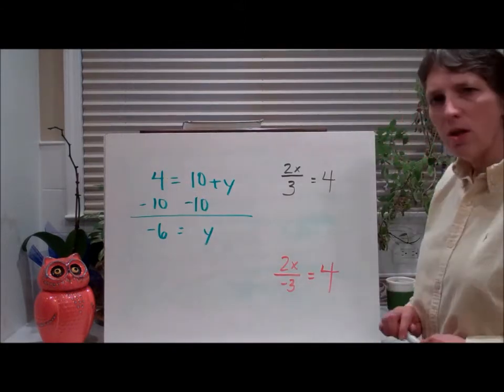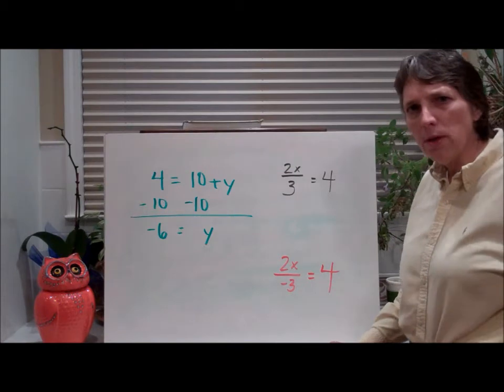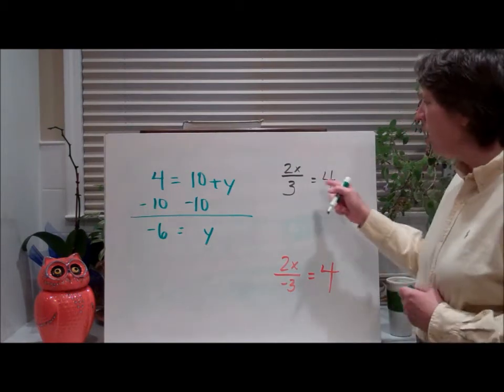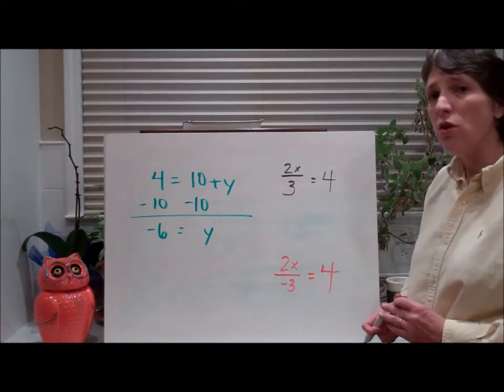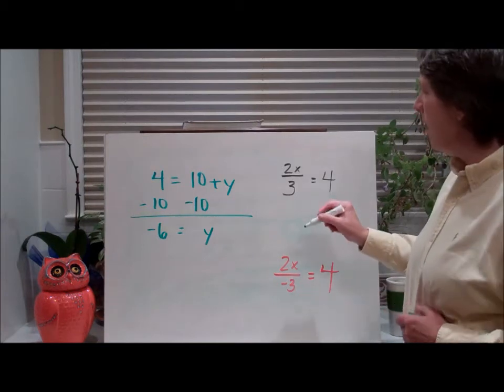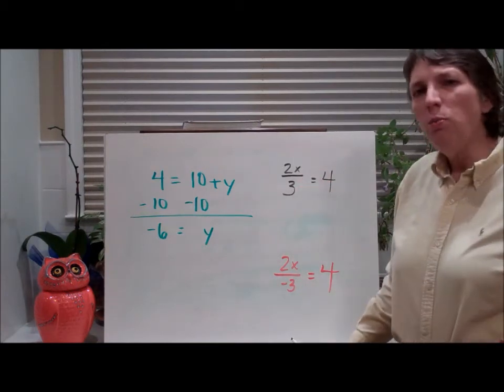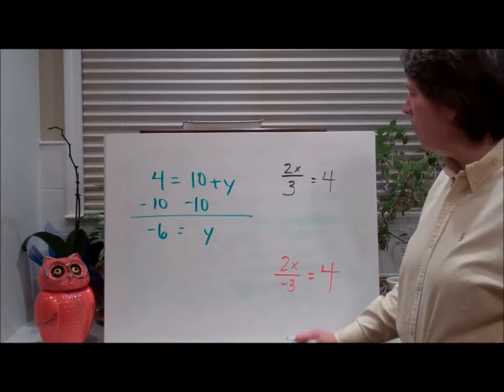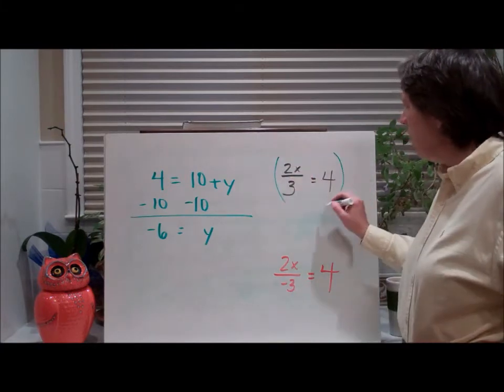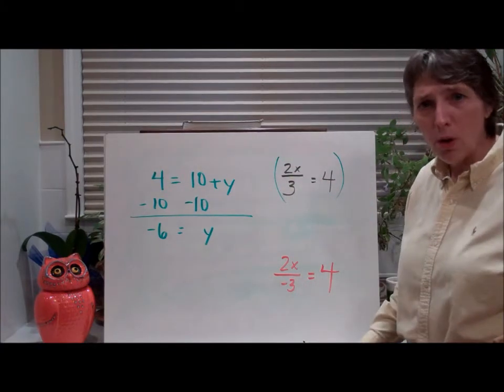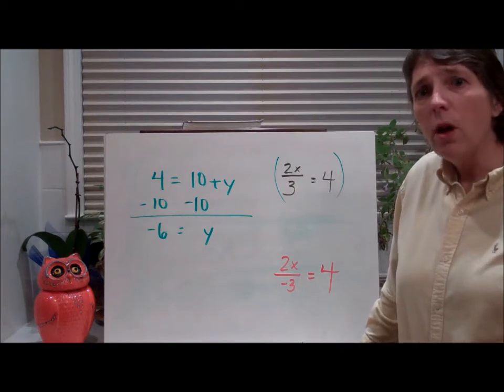Now this one I didn't work on purpose in advance. We're going to do this one together. Again, remember right now the variable's in the numerator, so we're going to multiply. We need a coefficient of positive 1 to solve for the variable, so we're going to multiply both sides by the reciprocal of the coefficient.